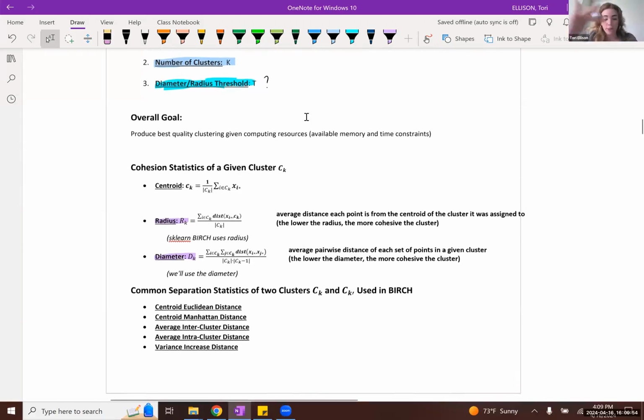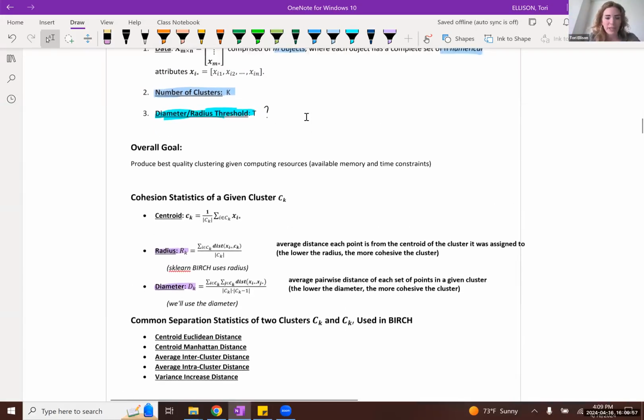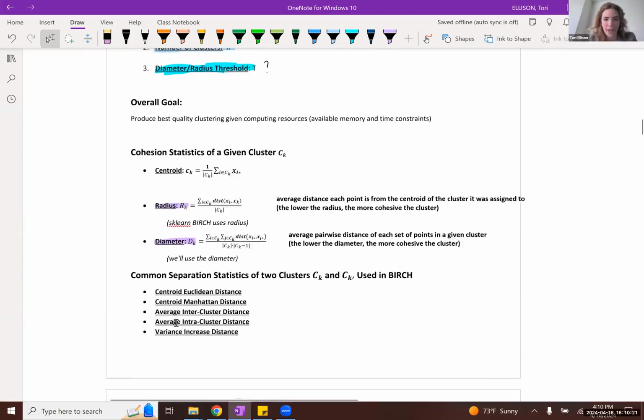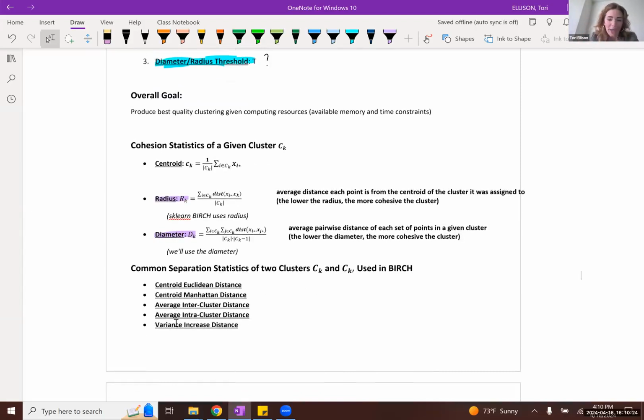Okay. So as we're going through the Birch algorithm, we always need to be considering how cohesive a potential cluster is. So we have our cohesion metrics, which look very similar to how we measured cohesion in k-means. In addition, when we're choosing to assign a given observation to a given cluster, we need to think about how separated two clusters are.